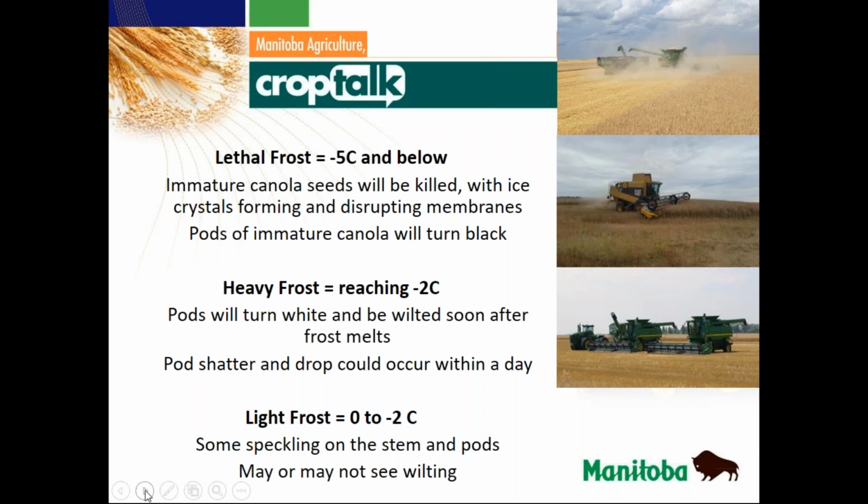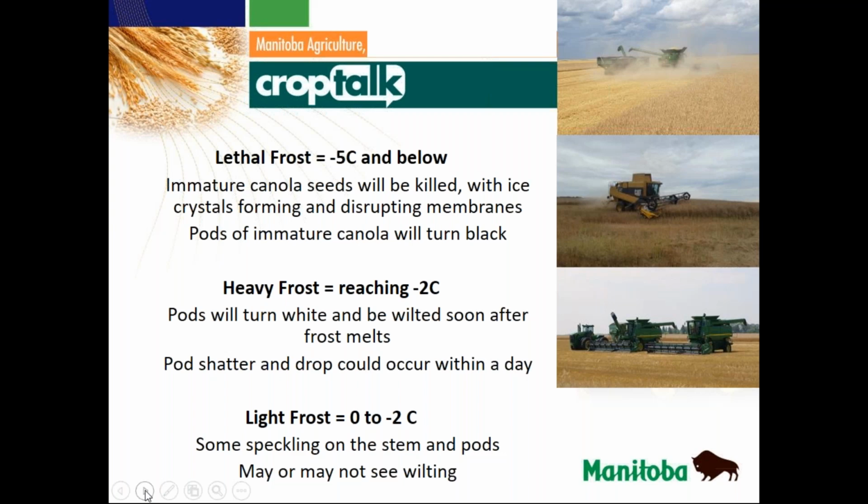What happens then is ice crystals form inside the kernels and basically disrupt the membranes, and you'll get immature canola, so at that temperature you're going to see a fair bit of damage.